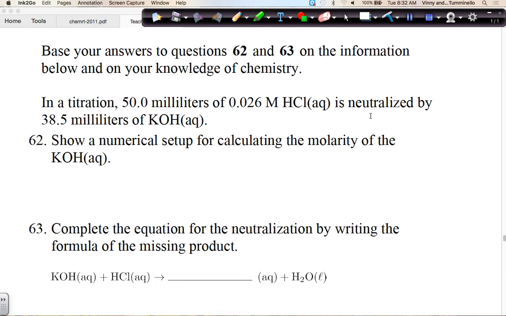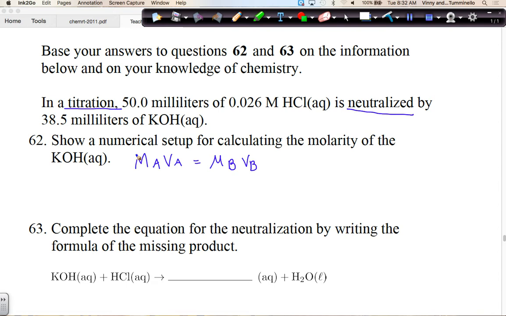Base your answers to 62 and 63 on the information below. That means we need to look at this information for 62 and 63. It says in a titration, 50 milliliters of 0.026 molar hydrochloric acid is neutralized by 38.5 milliliters of potassium hydroxide aqueous. The word titration and the word neutralized tell us that we need to use the formula MAVA equals MBVB.